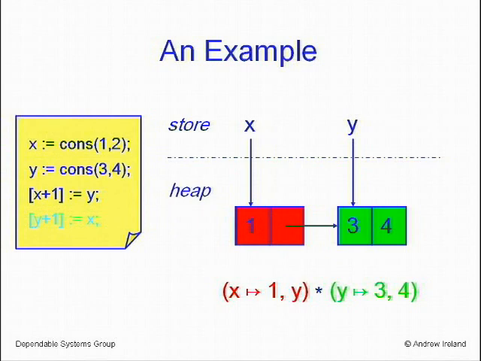Now we can mutate the heap elements. Here square brackets is dereferencing. So what we're doing is we're taking the contents of what X plus 1 points to and reassigning that to what Y points to. So we're introducing a pointer from the second cell on the left to the first cell on the right of the pair.